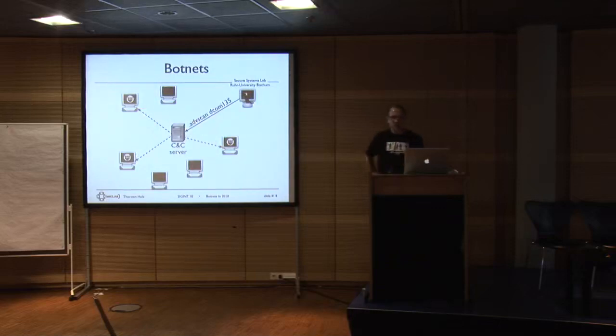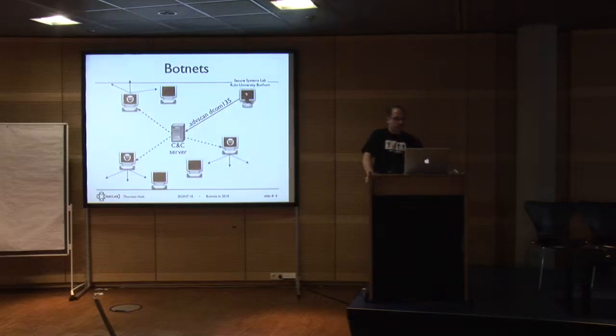And another thing that's quite common in botnets is propagation. So the attacker wants to compromise other machines, so to grow the botnet, so to infect more machines in the network. In this example, the bot master tells the bots to basically scan the network for other vulnerable machines. So the infected machines start some kind of scanning procedure in order to find other machines that are vulnerable to exploits.